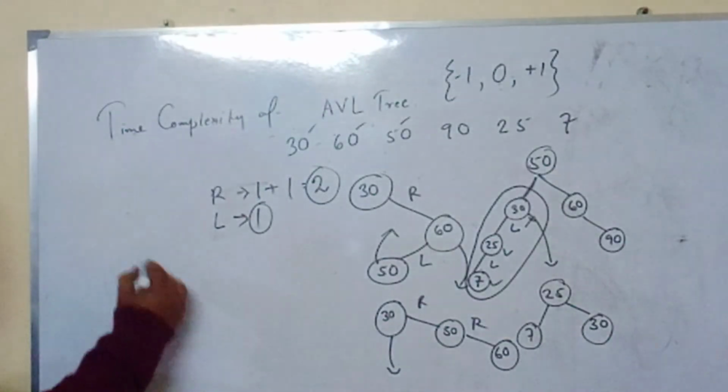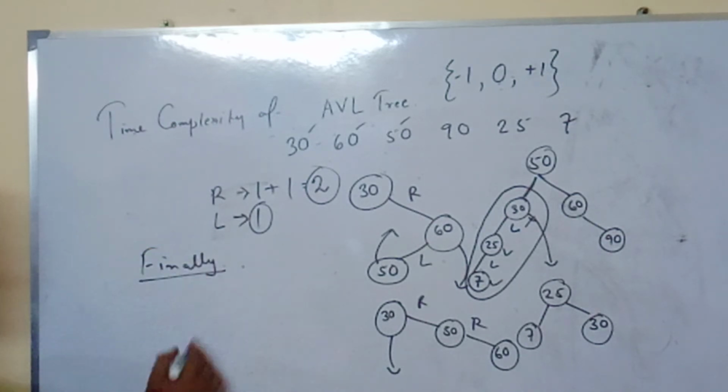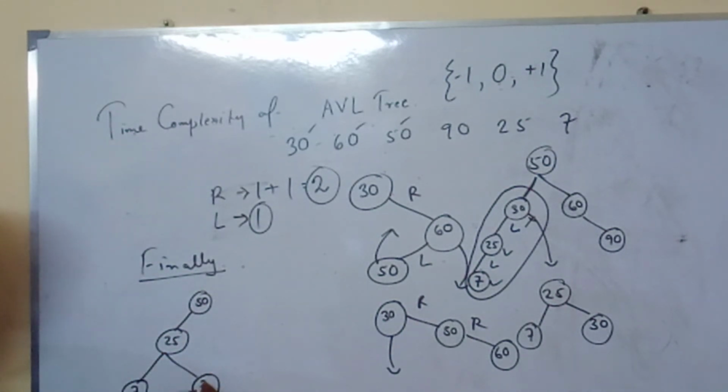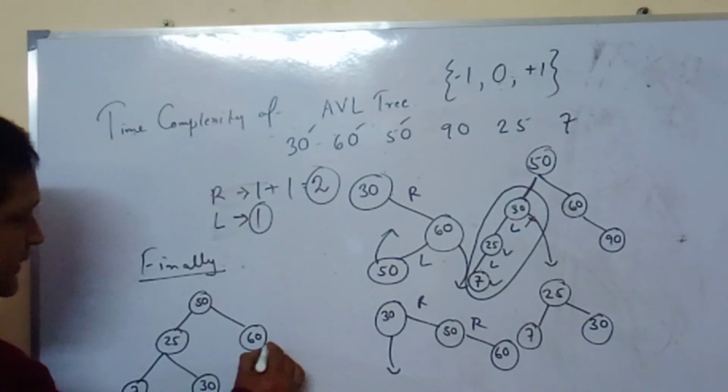So finally the tree becomes 50, 25, 7, 30, and right of 50 is 60 and 90.